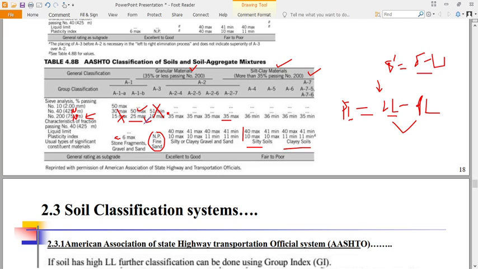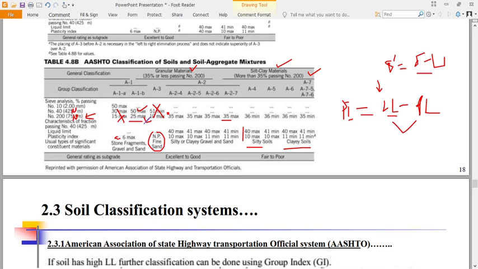So for instance, if you are at this point here at 2 millimeters, we have seen our material is coarse grained, it's gravel. So you come to this boundary sieve and plot. Then you determine the fraction of gravel and sand.